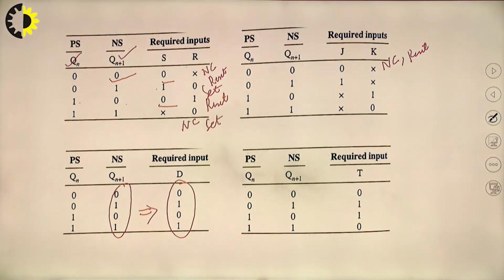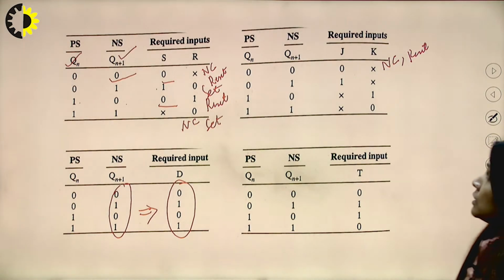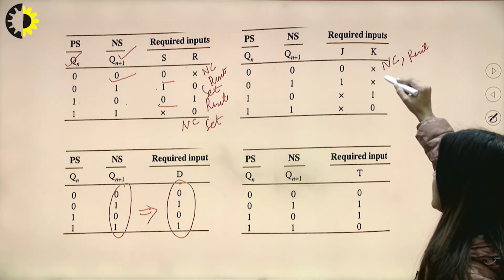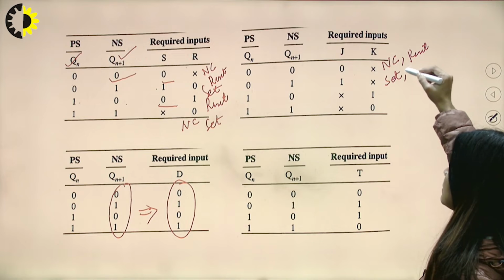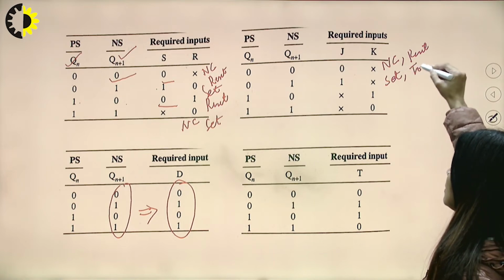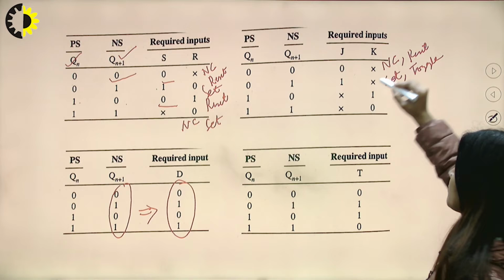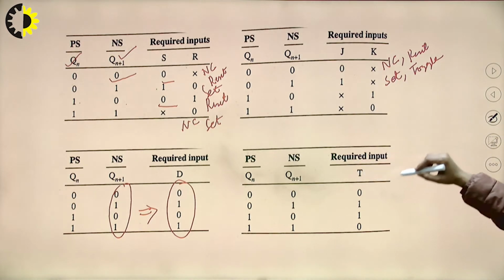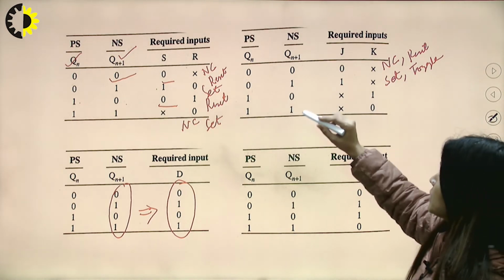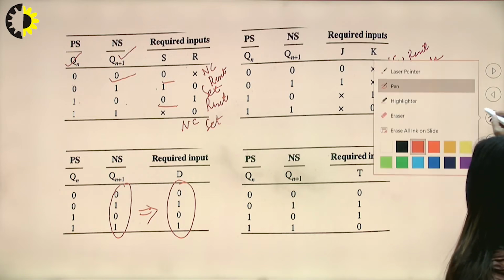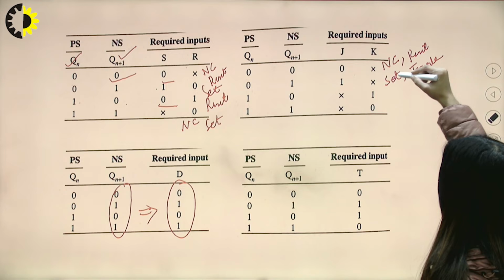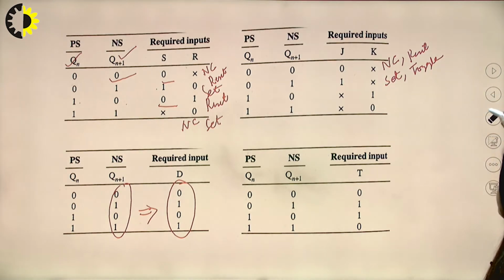And 0 to 1, first is set and another one is 1, 1, the toggle. And for cross 1, that means the Qn plus 1 is 1, this is set obviously.